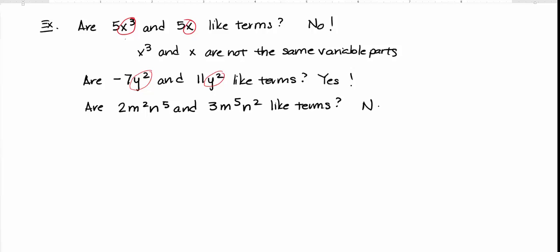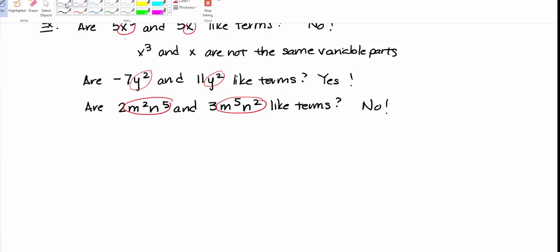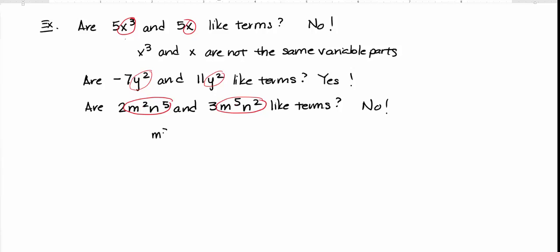And here the answer is no. Sure, we have m and n, but if you notice, this m is to the 2nd, this m is to the 5th. So automatically you know that they're not the same, right? So m squared n to the 5th and m to the 5th n squared are not alike.